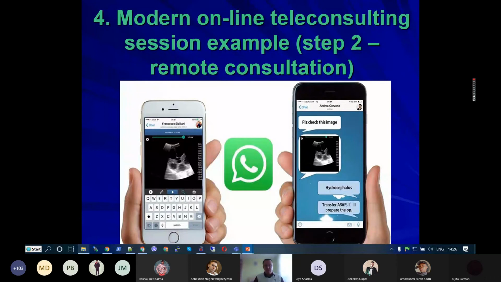We don't need advanced video conferencing tools, but we need some basic communication to send a request and receive a response. And here we will talk about success. But as you can see from the last message, other complications could be present, like transfer, which could be a significant problem with an isolated area.